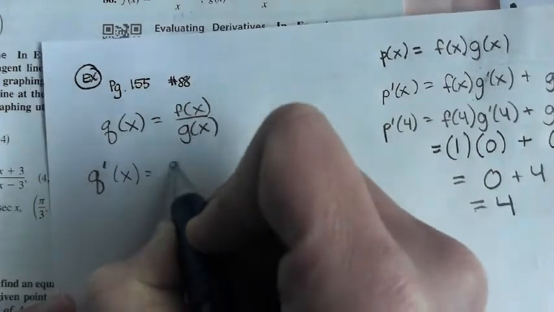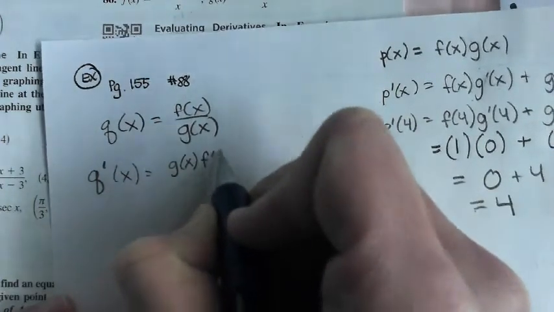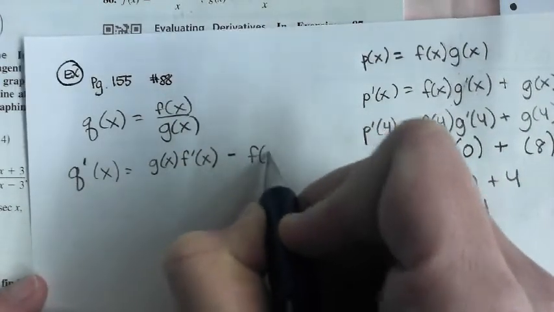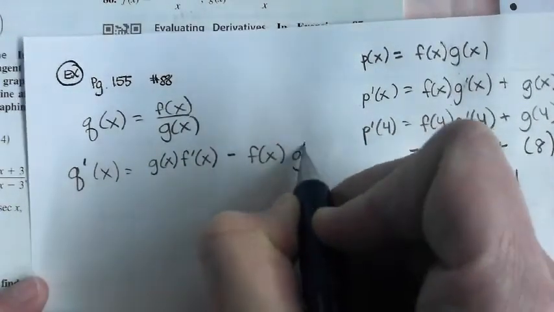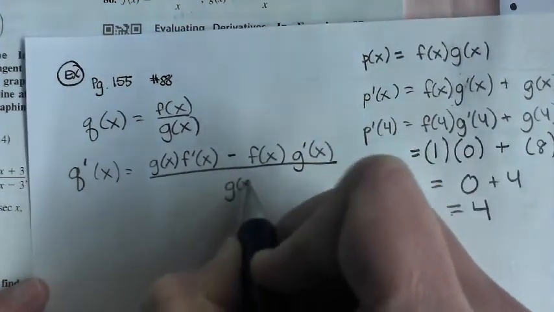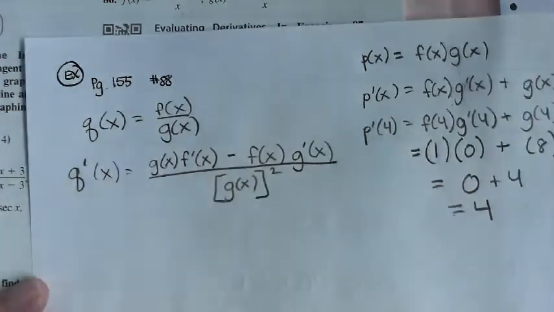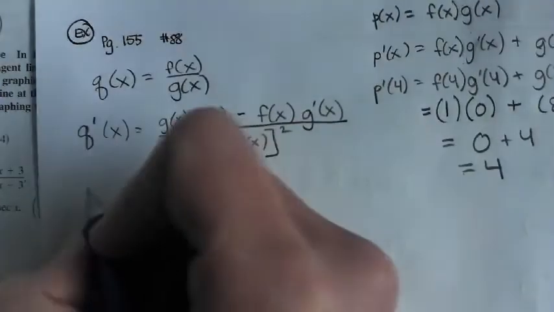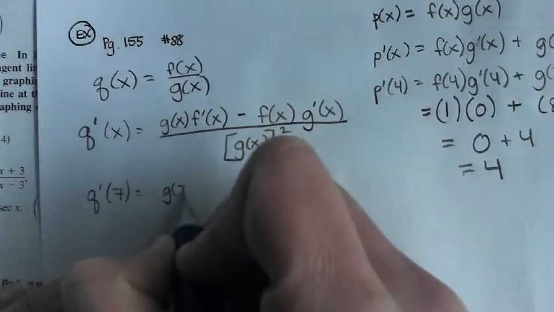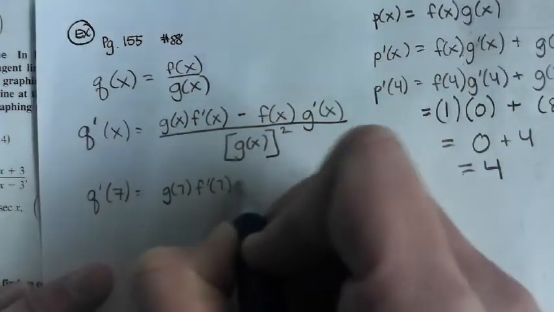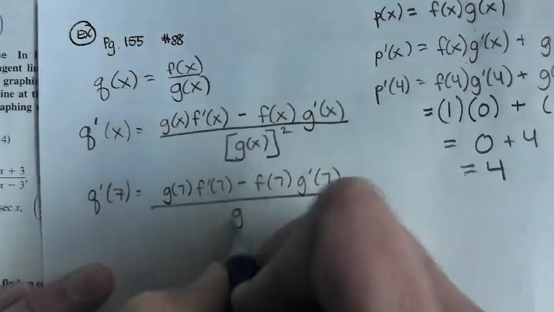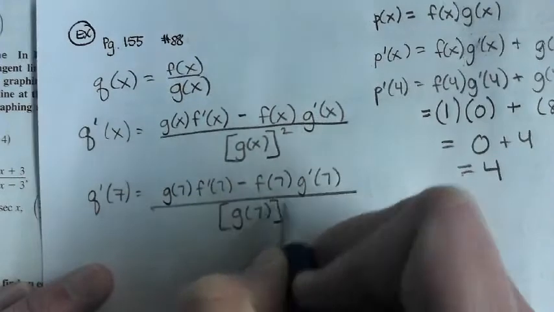So our bottom times the derivative of the top minus the top times the derivative of the bottom all over bottom squared. So specifically q prime of 7: g of 7, f prime of 7 minus f of 7, g prime of 7 over g of 7 squared.